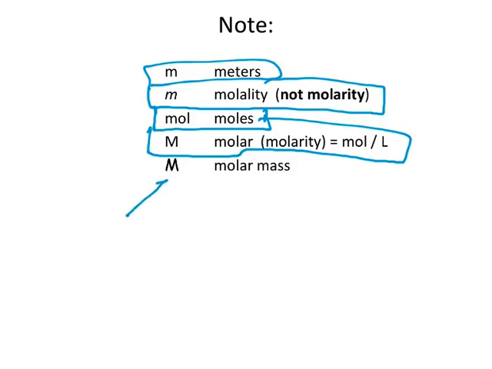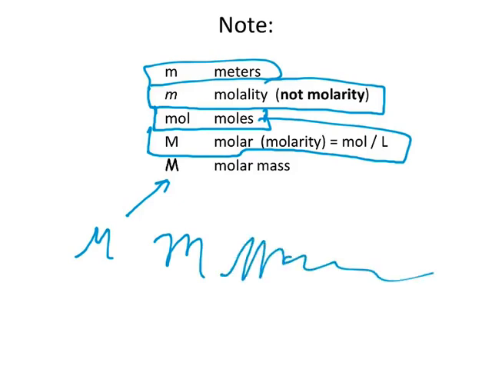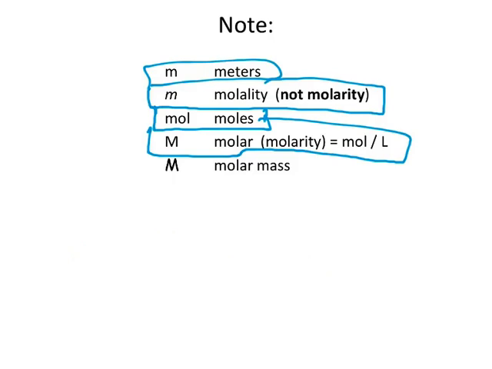And then finally, this here is molar mass, and I'm using a funky font to try to demonstrate that if you have somebody make a really kind of script M type of thing, they're usually implying that they're talking about molar mass. It's really hard to represent on a screen. And I don't typically use this as a variable, personally, just because I think it gets kind of confusing. But you'll see people do that, make a really big script M, and use that to refer to molar mass.